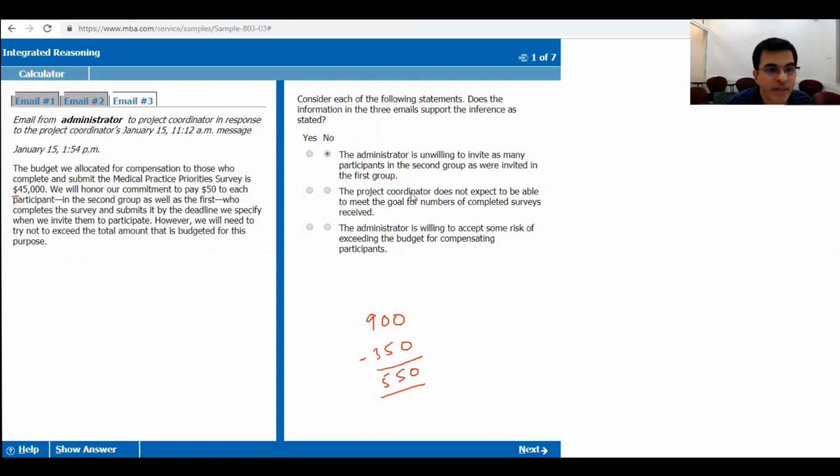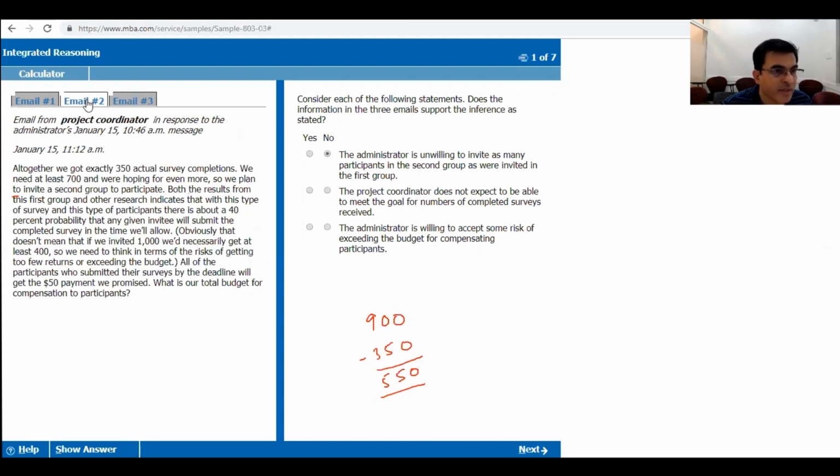The project coordinator does not expect to be able to meet the goal of four numbers of completed surveys received. For this, we will have to read the second email once more to see if there was something we are missing out.